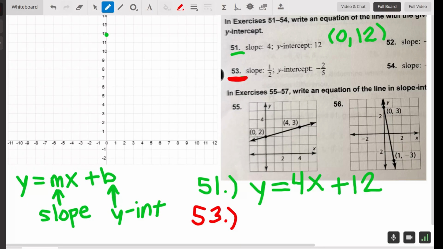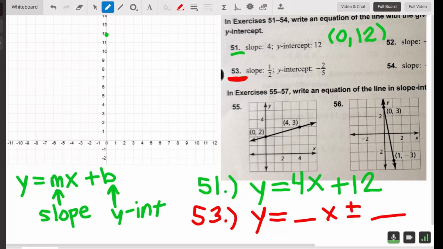So this time, both values are fractions, but we can still do that. That's fine. We start with our y for our equation. They want an equation. Y equals something. So we have to fill in the blanks of the right side, right? We have m is some kind of blank, x, and it's either really a plus or a minus something, right?